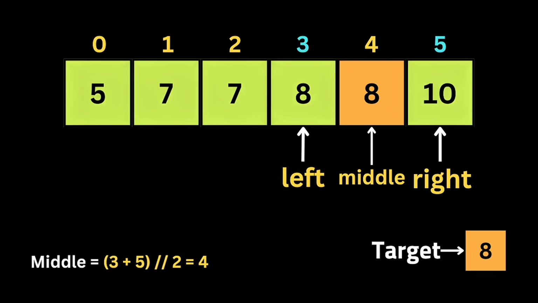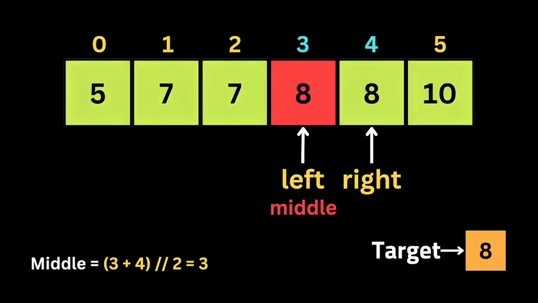Here the previous number is equal to the target. So what we need to do is move the right pointer to the previous number and repeat the same process by calculating the middle pointer. Here the number at the middle pointer is equal to the target, and it's the first time it appears in the array, so we say that we found the start of the target in the array.